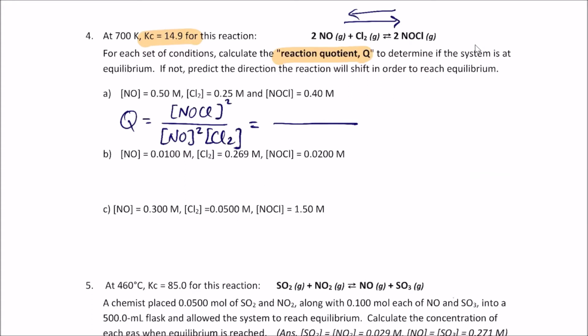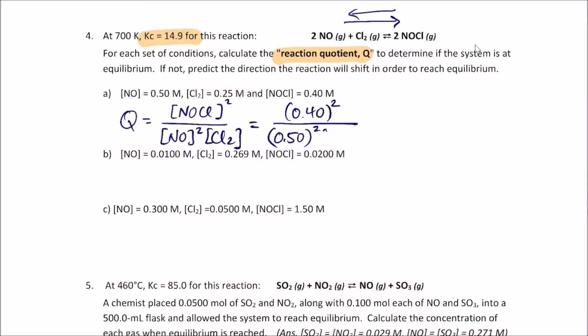Okay. So we are calculating the reaction quotient using the same expression that we would use for Kc, but we're putting in these concentrations that may or may not be equilibrium concentrations. So the NOCl is 0.40 molar, squared. The NO is 0.50 molar, and that has to be squared.